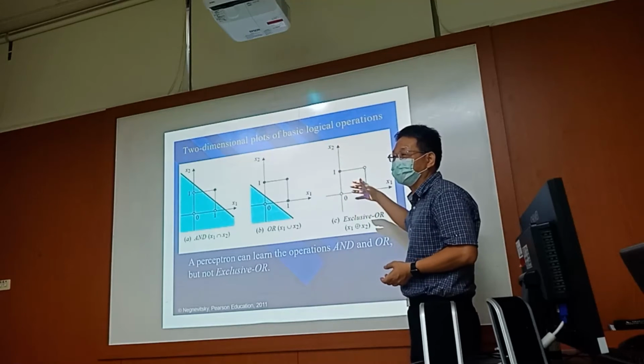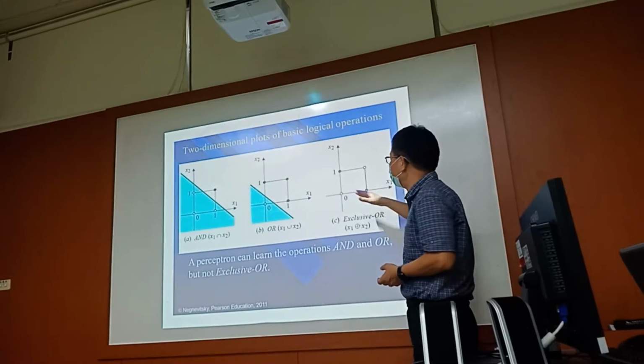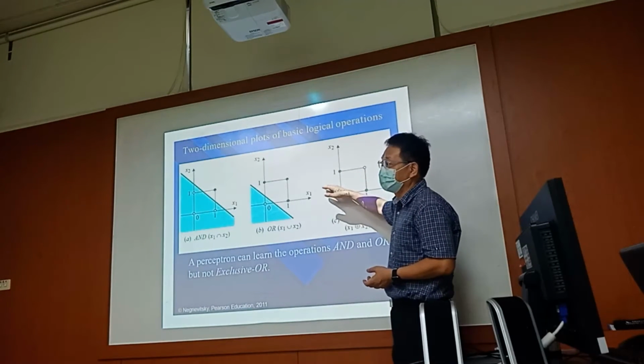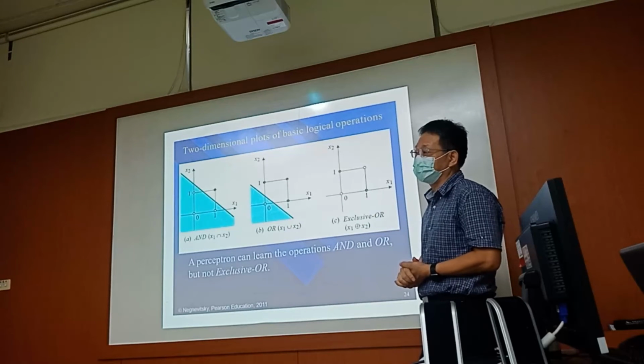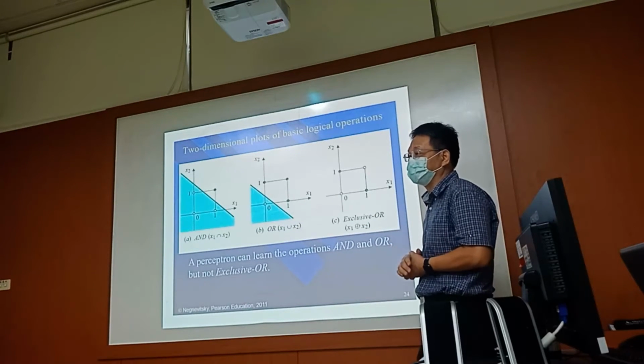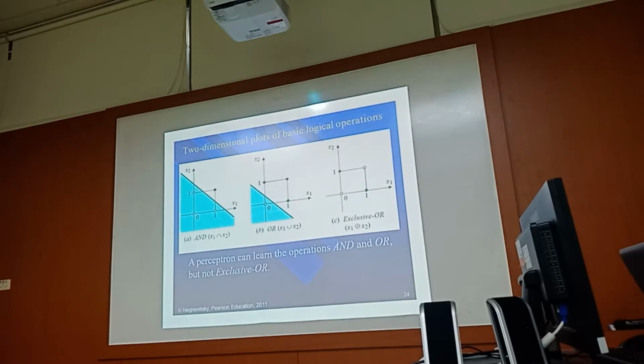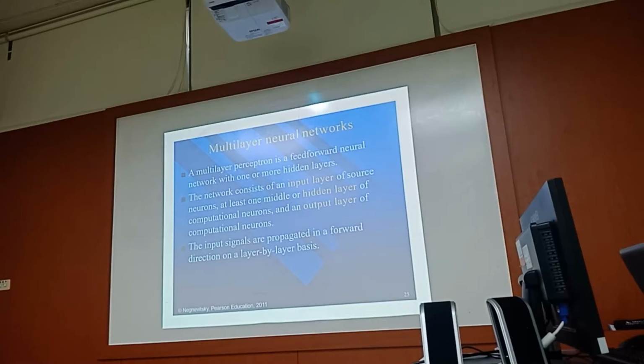But a perceptron usually only has one line as its model. So you need two lines to separate, but the traditional perceptron cannot solve it. So this is a weakness of the perceptron. That means a single-layer perceptron cannot solve this problem.